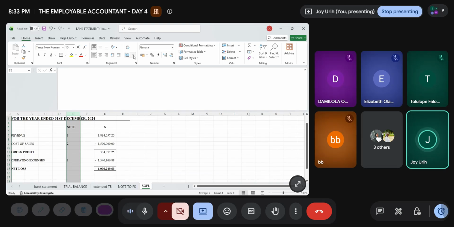So you want to bring the note number to aid your users, the users of the financial statement, to be able to understand what you have done.